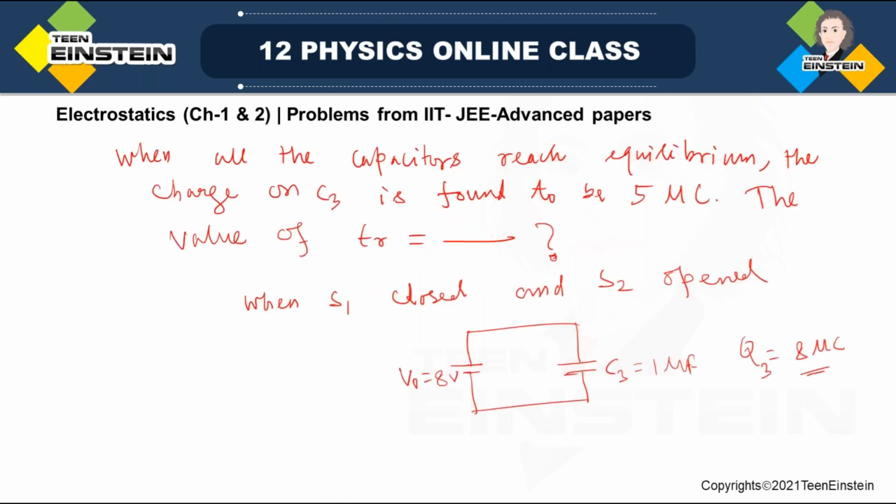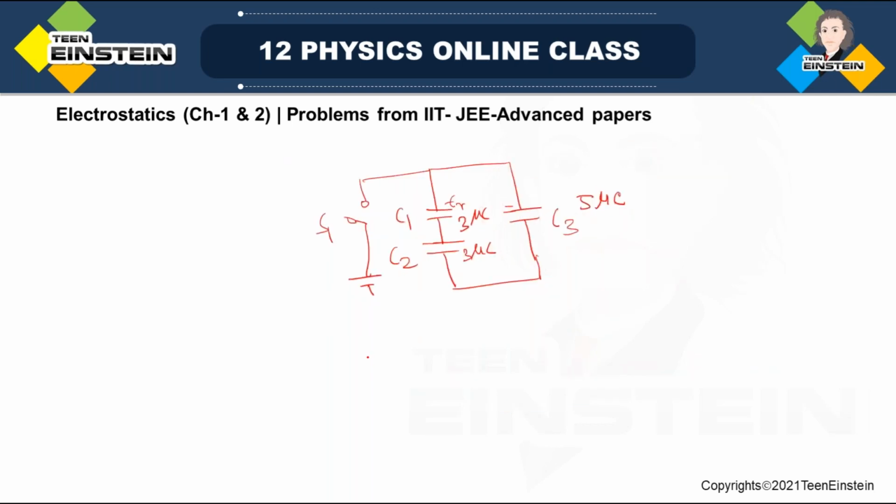So in the first situation, C3 gets charged 8 microcoulomb, and in the second situation, only C1 and C2 are connected to C3. Now the battery is disconnected.